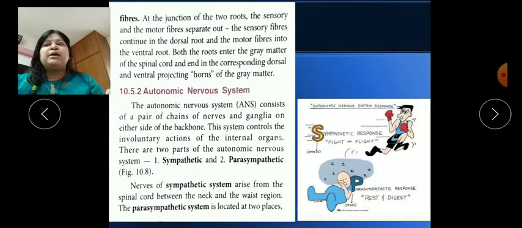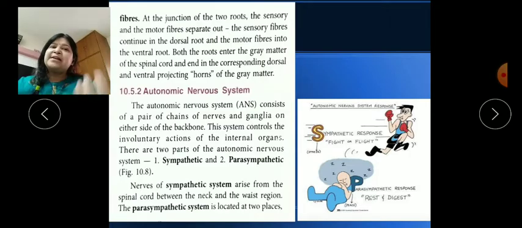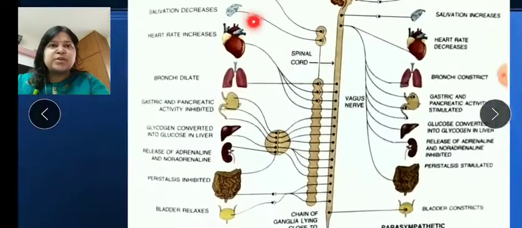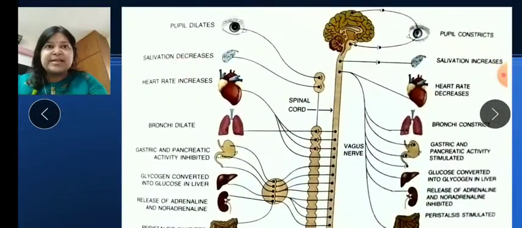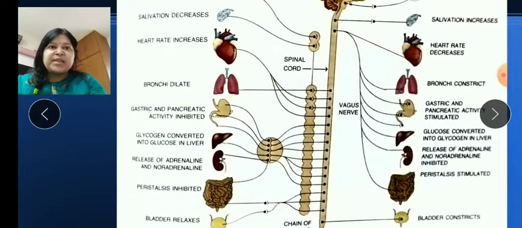And if you have a fight with your friend, you have such fight or fright conditions. In that condition your heartbeat increases, as you can see here, your salivation decreases, or peristaltic movement is inhibited, okay. You have some stomach ache and all types of things.